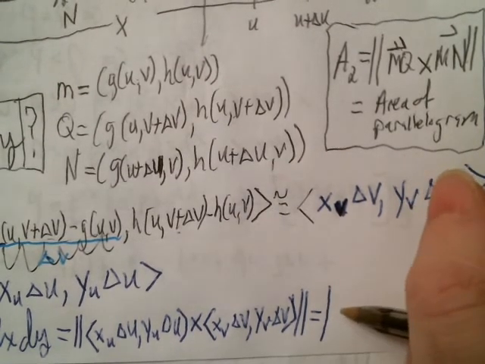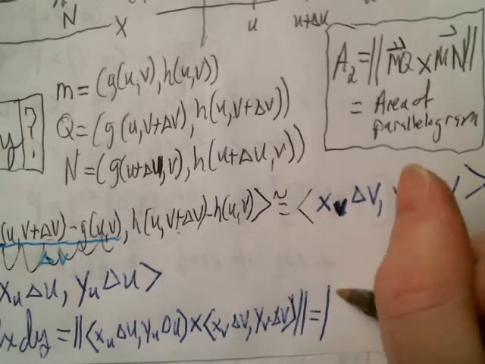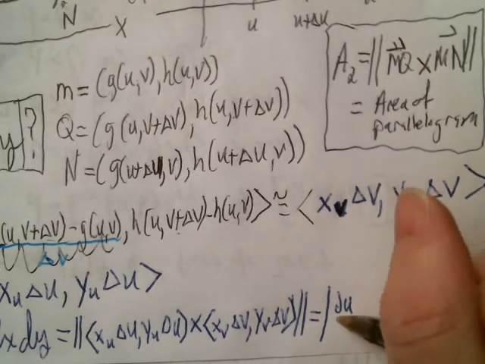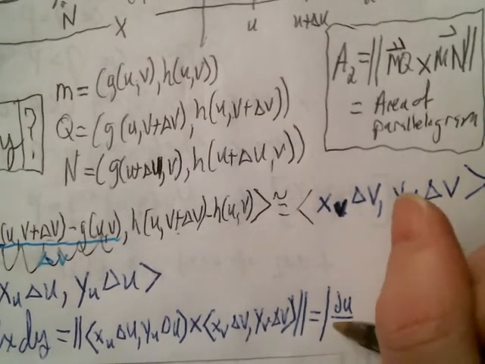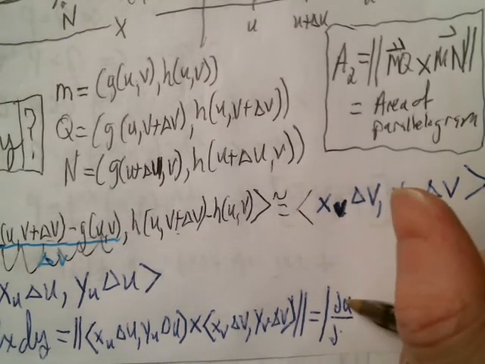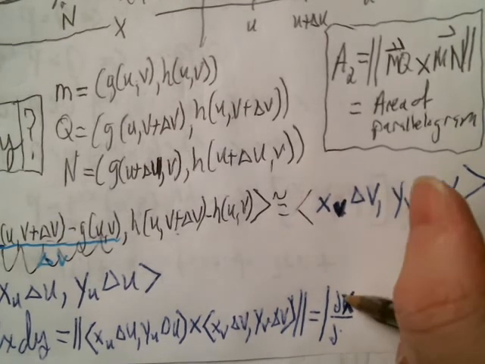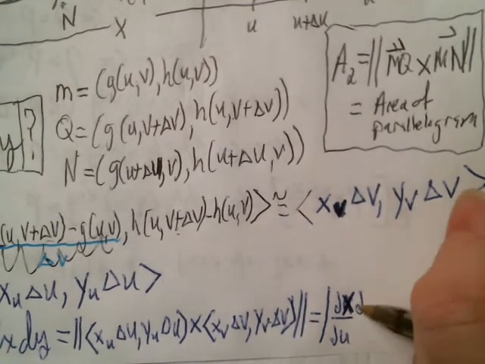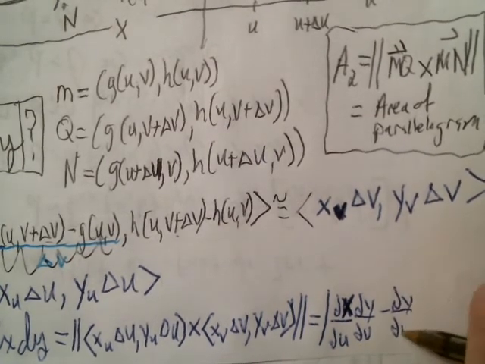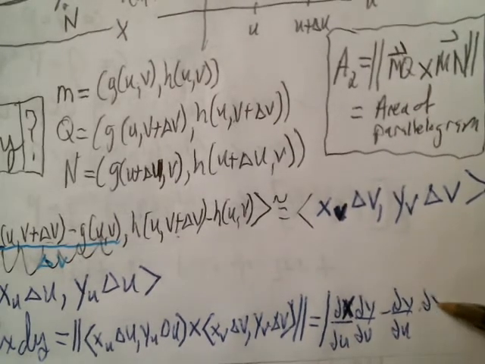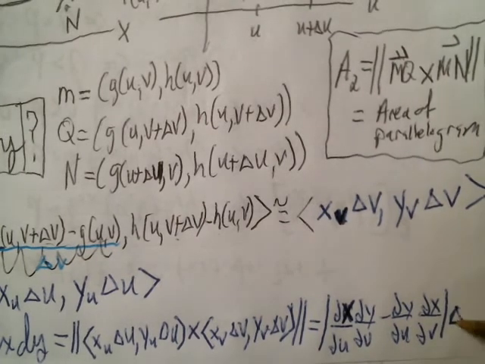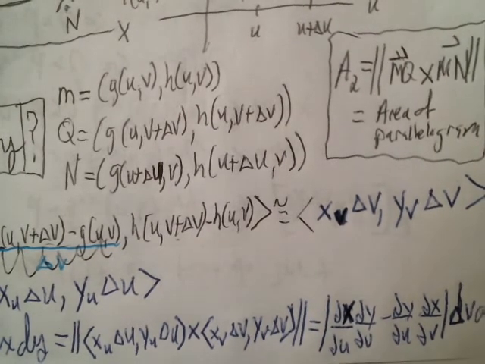It's xu, so let me write it in the normal kind of way, in more Leibniz notation: the partial of x with respect to u, times the partial of y with respect to v, minus the partial of y with respect to u, times the partial of x with respect to v, times dv du.